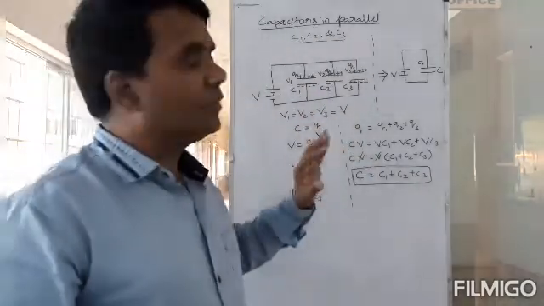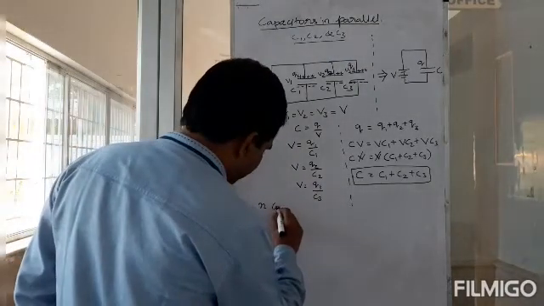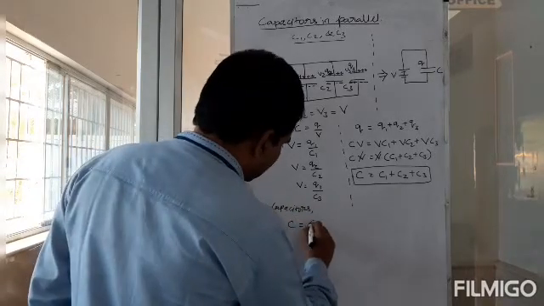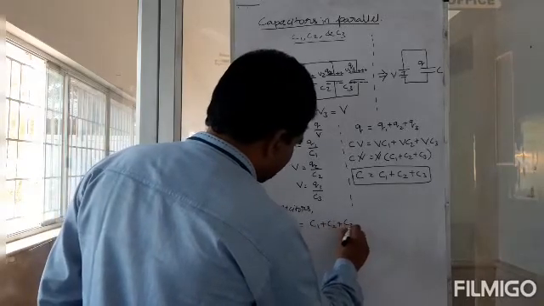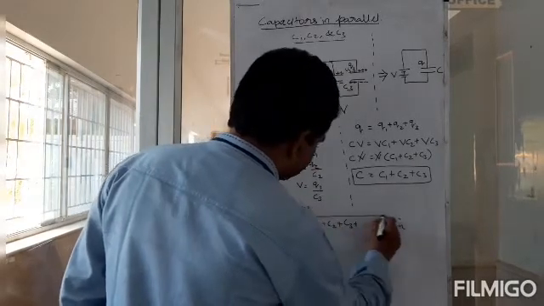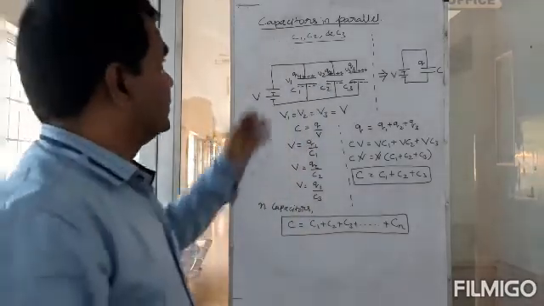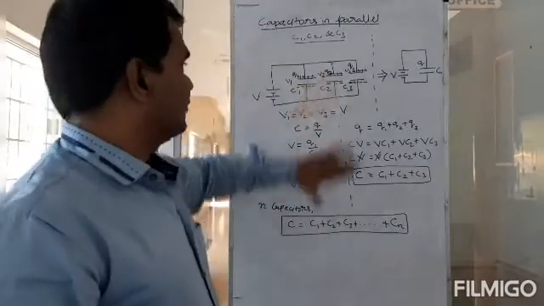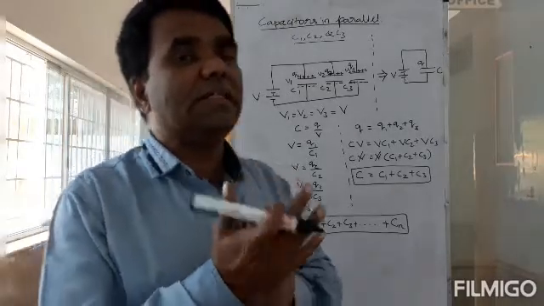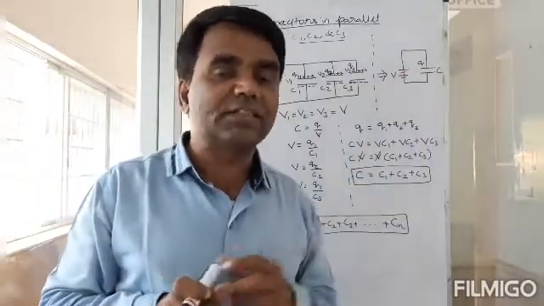So I've done that for 3 capacitors. If I have n capacitors, C will be equal to C1 plus C2 plus C3 plus up to Cn. So this is the net result when you have multiple capacitors in parallel. So you can see a certain difference between capacitors and the resistors which you studied in your 10th standard.